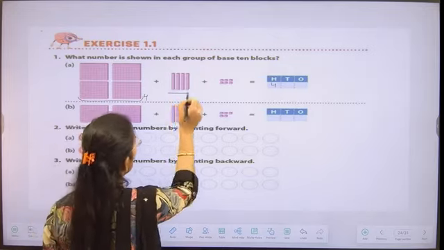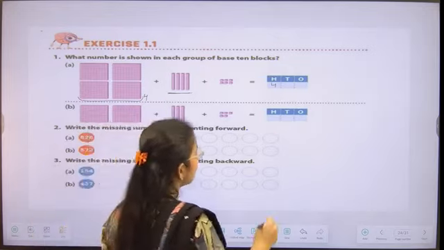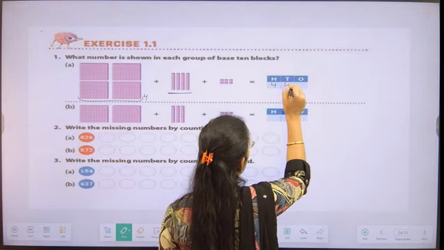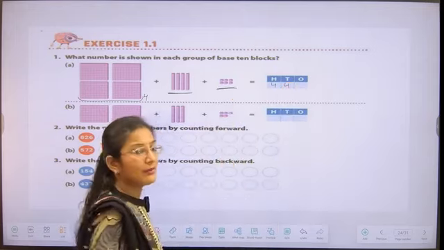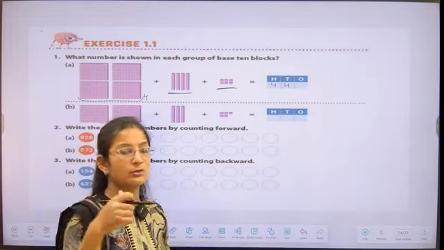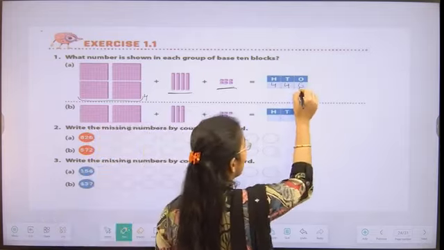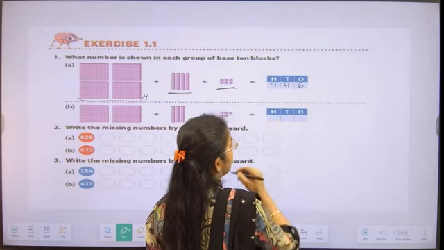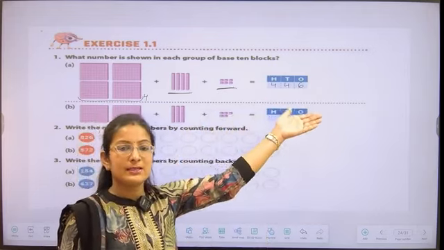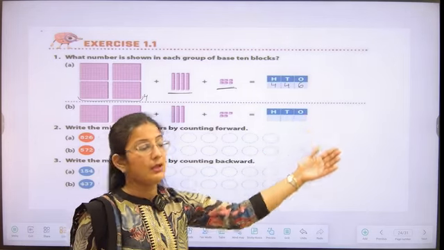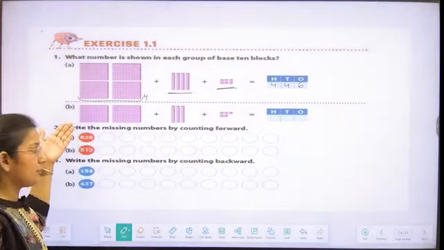Now how many tens blocks are we having? We are having 4 tens blocks, so we write 4 for this. Now how many ones blocks are we having? We are having 6 ones blocks. So we have to write 6 for that. So as you can see, our number formed is 446, students. The second one, you can do by yourself.